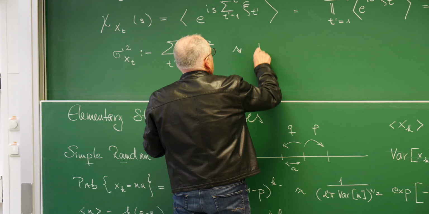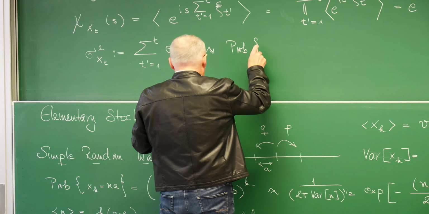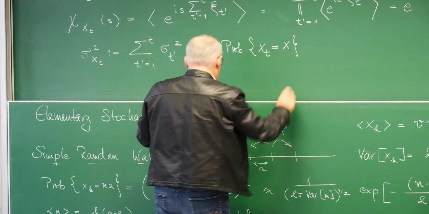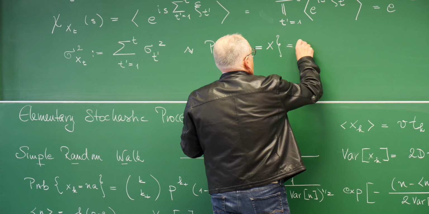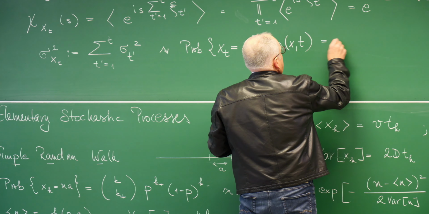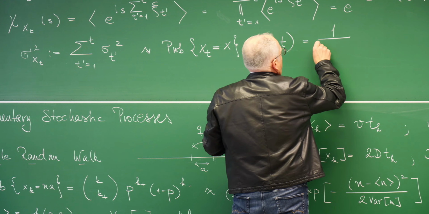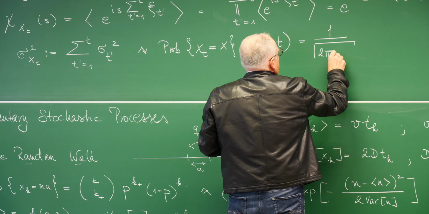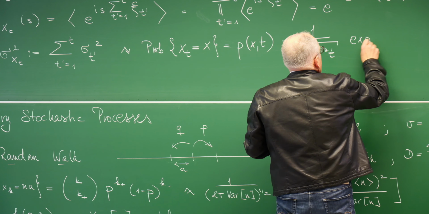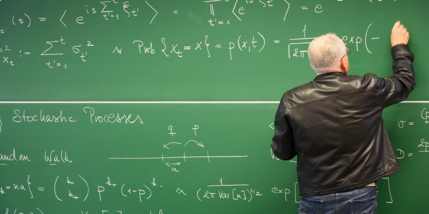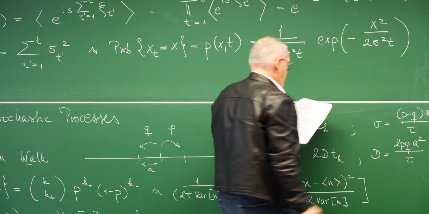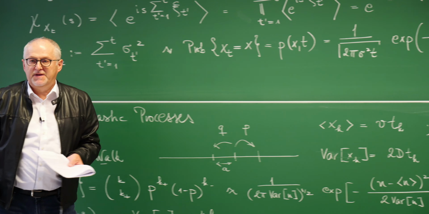And then the probability distribution of my random variable x t, assuming a value x, which I can also write in shorthand as p(x,t), is the Gaussian for the full variance, so 1 over square root of 2 pi sigma squared t, e to the minus x squared over 2 sigma squared t, right?